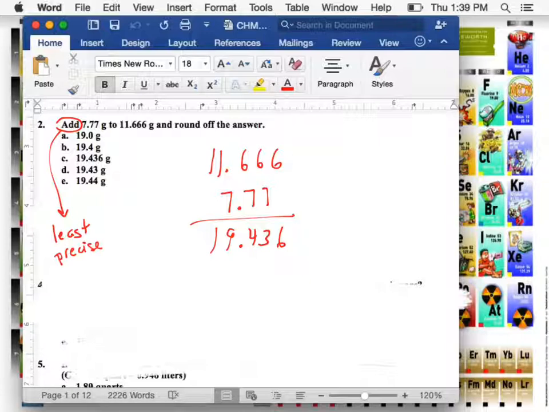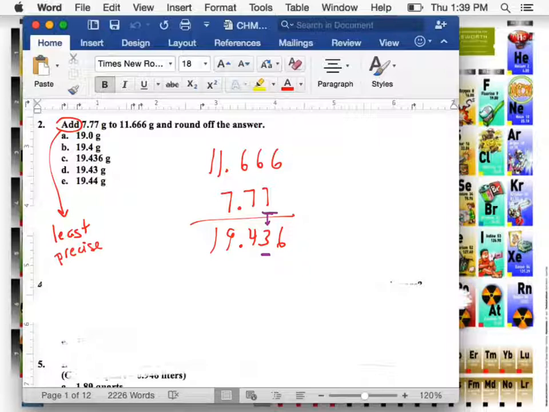Cool. So the least precise place. Which of those two numbers generates the least precise information? 7.77, because why? It only goes out to the hundredths place. That means in my answer, I can only report to the hundredths place.